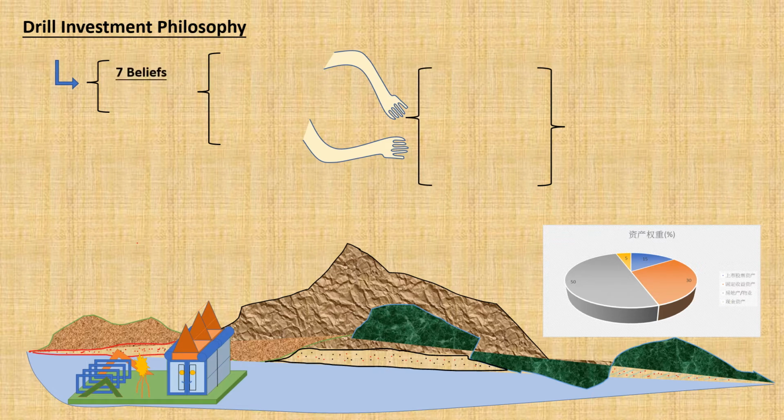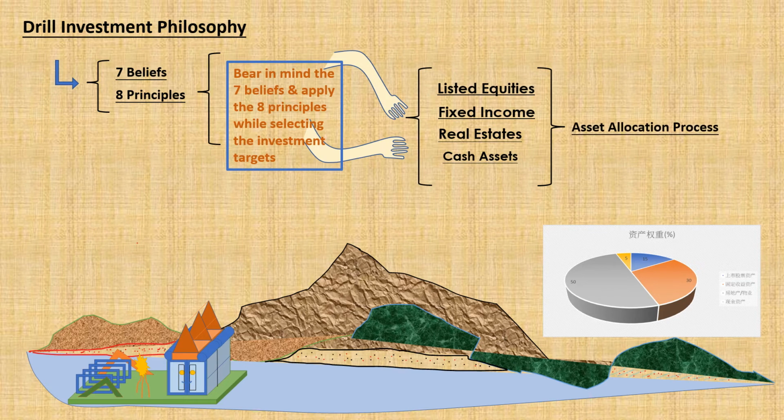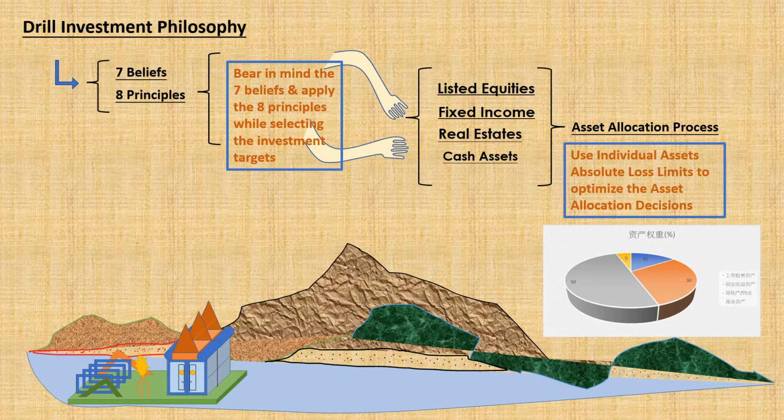Okay, now we know there are 7 beliefs and 8 principles in the investment philosophy. We bear the beliefs in mind and apply the principles while we're selecting the investment targets. And now we are going to the asset allocation process.